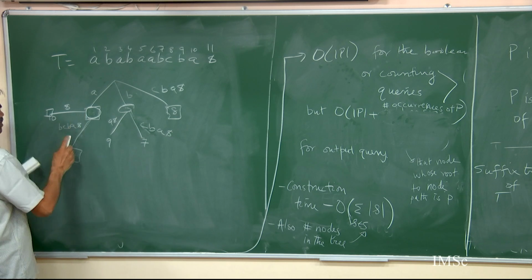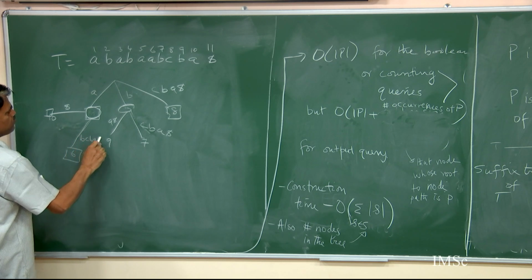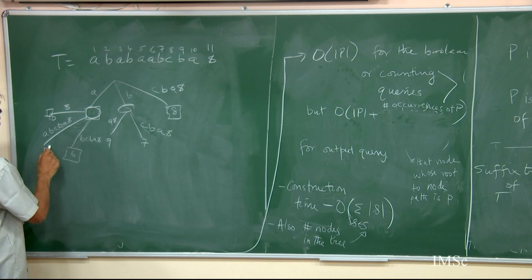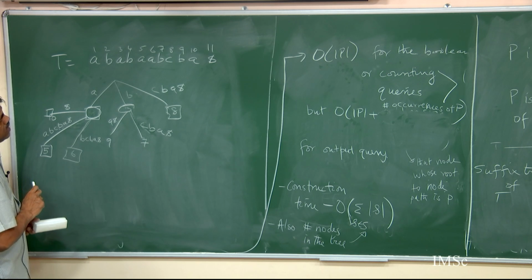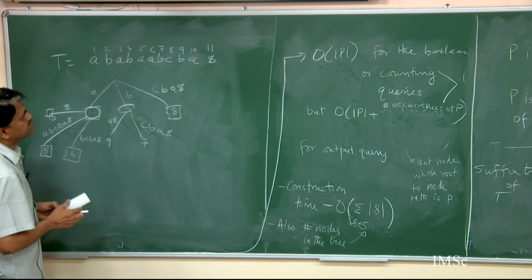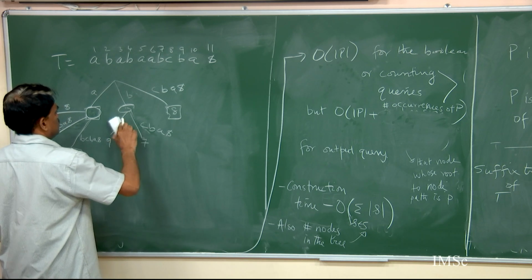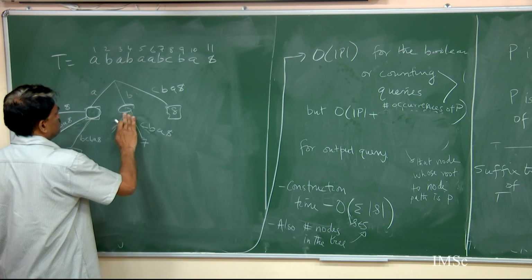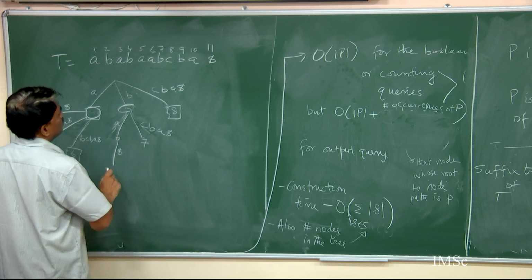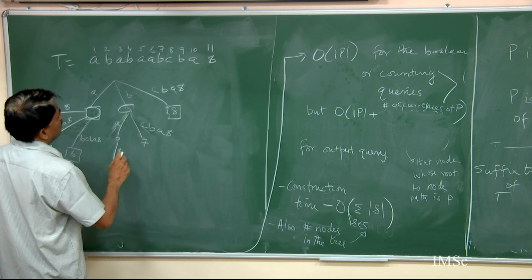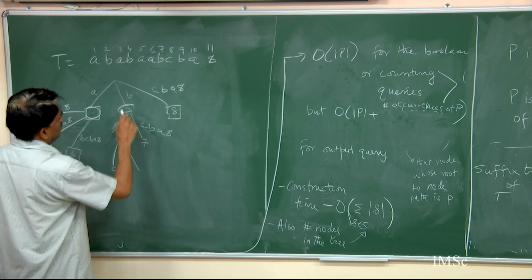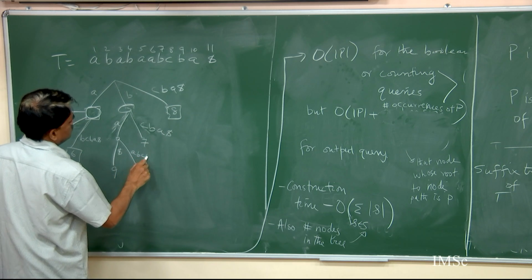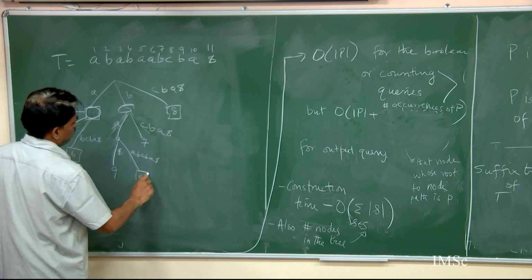So, I would create that, suffix 5, then starting at B, ABCBA dollar would be 4.